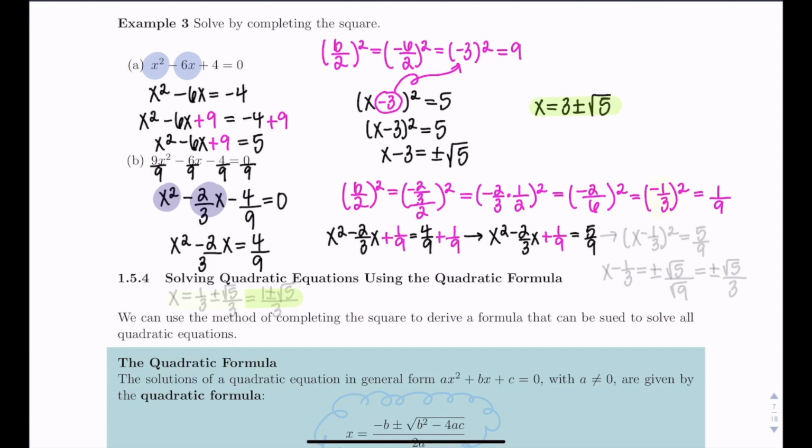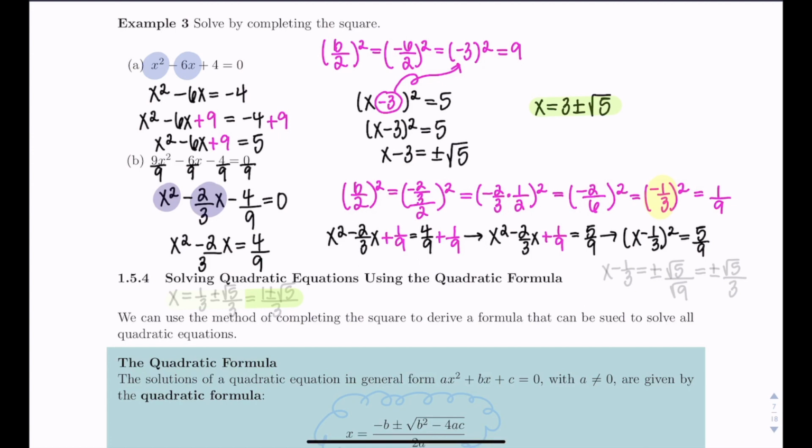And remember, it's always the piece before we square it. So negative 1/3 in this case. So this factors as x minus 1/3 squared is equal to 5 over 9.